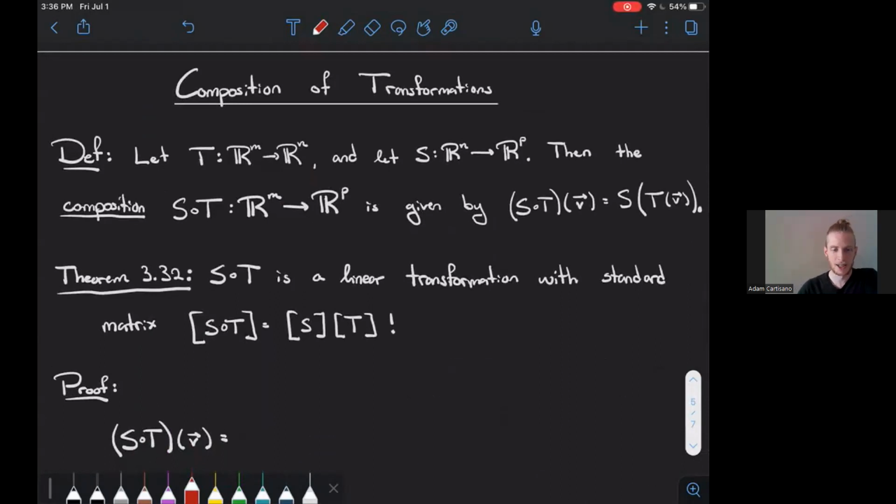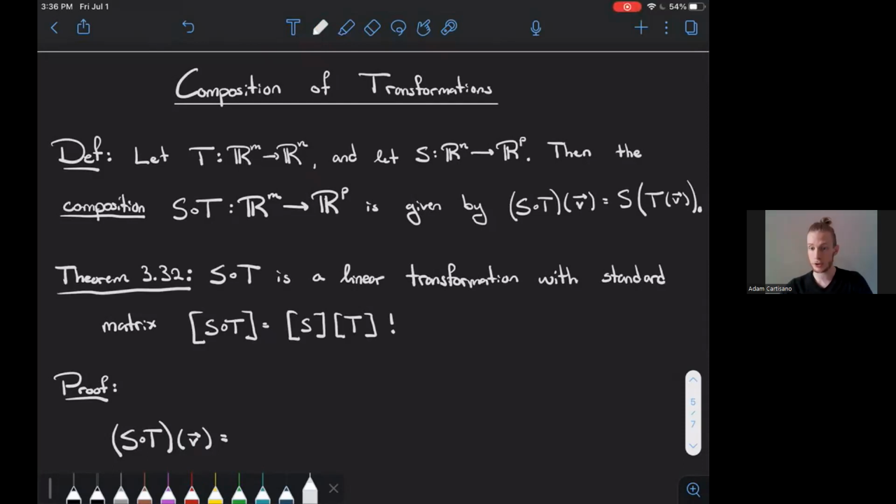Okay. So now there are two topics left to talk about when it comes to linear transformations. We want to talk about how to compose. You could do composition of functions. Surely you can do a composition of linear transformations. You can, and it's actually kind of amazing. First of all, let me tell you the definition of composition of transformations.